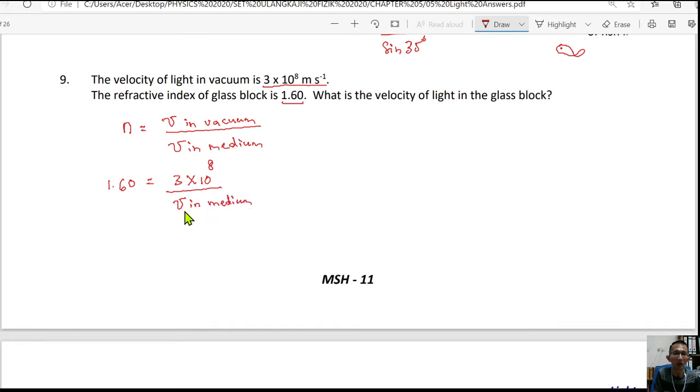Solve for this v. If you use a calculator, it should be 1.875 times 10 to the power of 8 meter per second. So that is the velocity of the light in the glass block. Okay, can you follow?